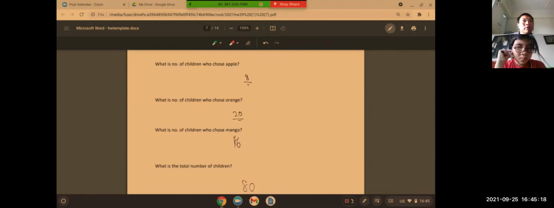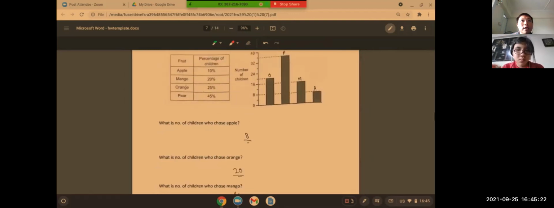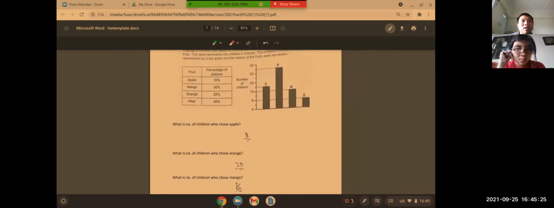Then what's the number of children who chose orange? Let me see if 20 is correct. It's between 16 and 24, 20. How do you get 20 actually? I never see a working. Guesstimate, is it? 4, 8.